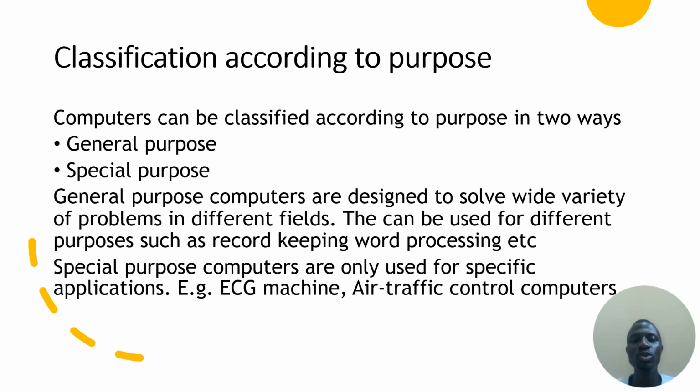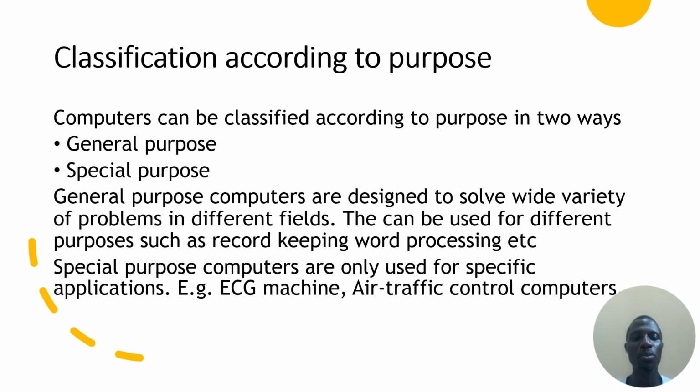So I can use a combination of applications to share this lecture with you. They can be used for different purposes, such as record keeping, word processing, graphical applications, and so many other applications. So computers that give you the ability to do this are called general purpose computers.